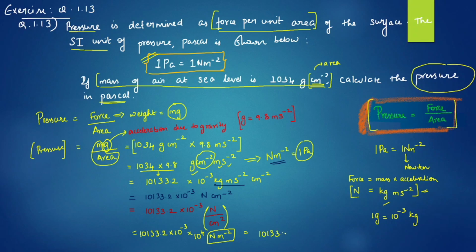So let's see how to simplify the magnitude terms. So 10 power minus 3 plus 4 Pascal, it will become 10133.2 into 10 power 1. So the final answer would be, take the decimal 1 point forward, so 10133.2 Pascal will be the answer.